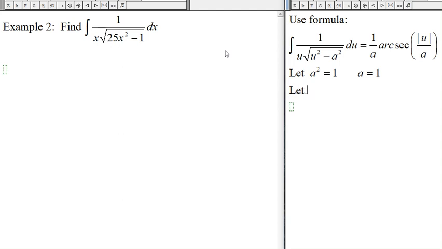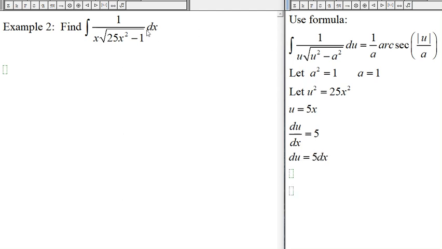And then we let u squared be 25x squared. Taking the square root of u squared and the square root of 25x squared, we get u to be 5x. And then the derivative of u with respect to x is 5. So we have du is equal to 5 dx.